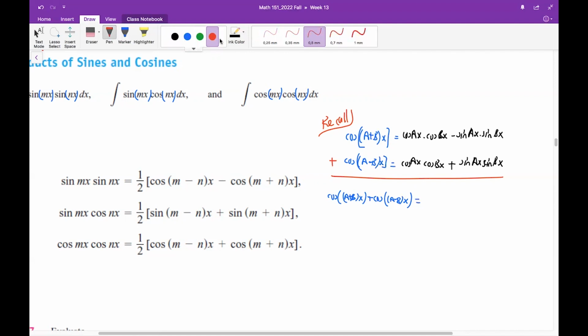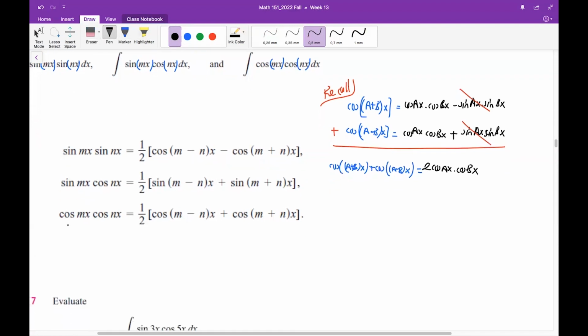You see, you will have a simplification here. These two are gone, so that you have the sum of these two. They are the same thing, that's why it is 2 times. Let's write it like this: 2 times cosine ax times cosine bx.